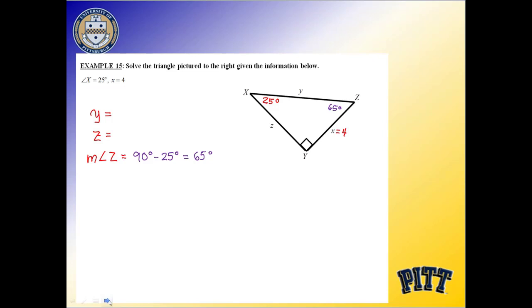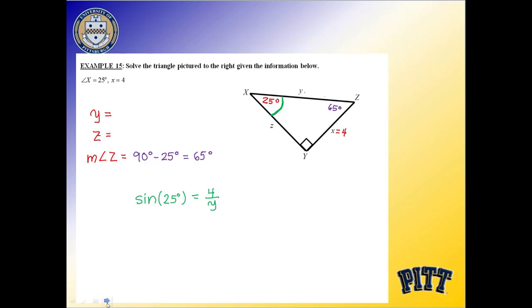It only relates two of the sides together, because each of those trig functions is either opposite over hypotenuse, opposite over adjacent, two sides. But I'm also bringing in an angle measurement. So, for instance, if I want to find side y, I'm going to focus my attention on the 25-degree angle, because that was the angle given to me.